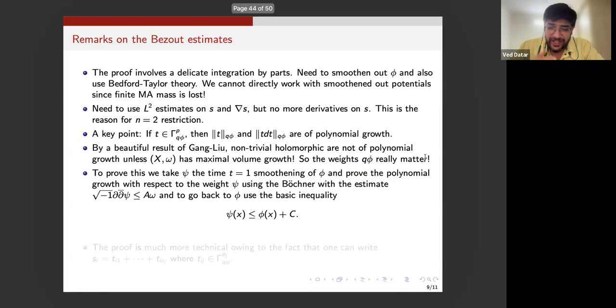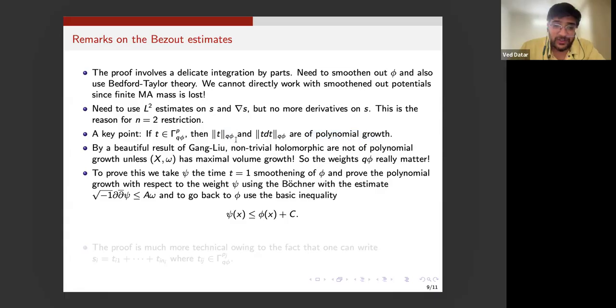Okay. So, and then as Vamsi explained, even to prove, for instance, this polynomial growth, we basically use the heat flow for time t equals 1 and work with psi. The advantage of working with psi is that dd bar psi has an upper bound. And so then one can use the Bochner formula to conclude the polynomial growth with respect to the weight q times psi.